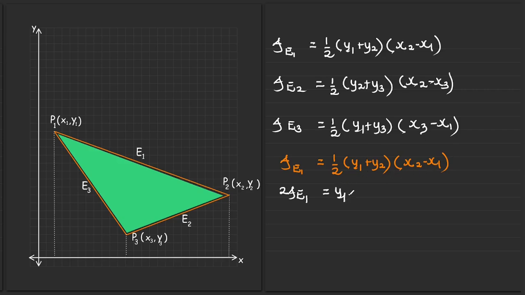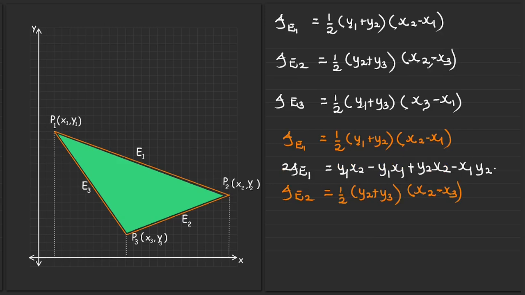So we have y1 x2, then y1 times x1, so we have negative y1 x1. Then we move in this direction as well, so we have positive y2 x2. Then finally, let's times this, which will then give us a negative x1 y2. So that is it for the first one.